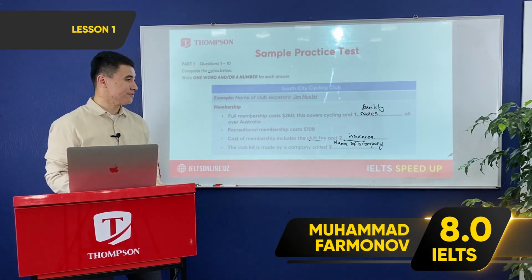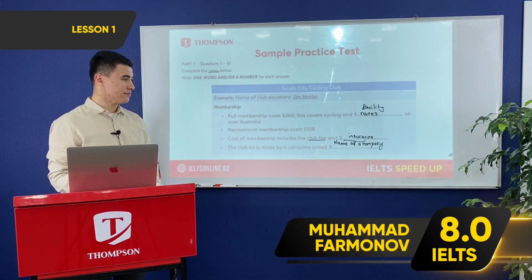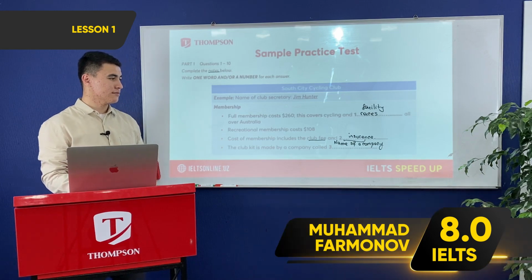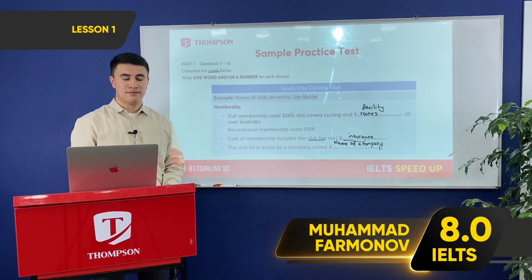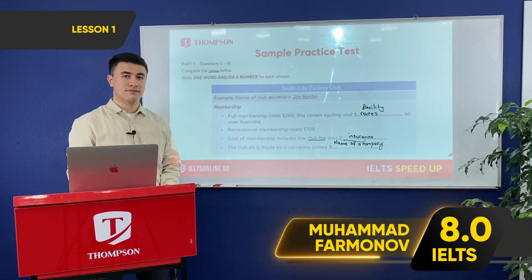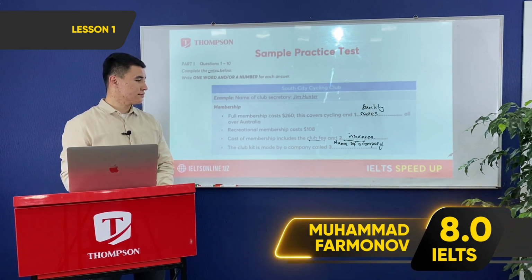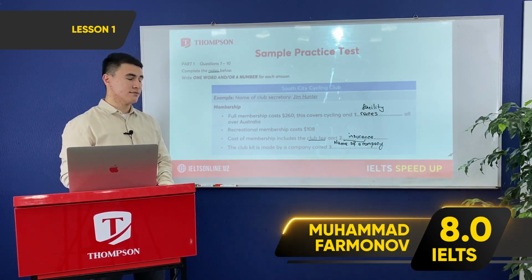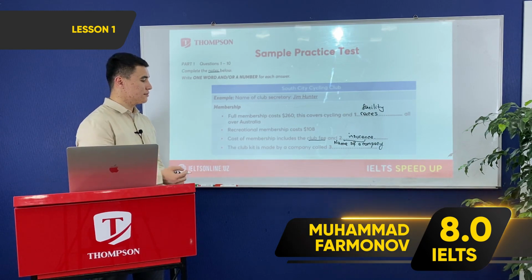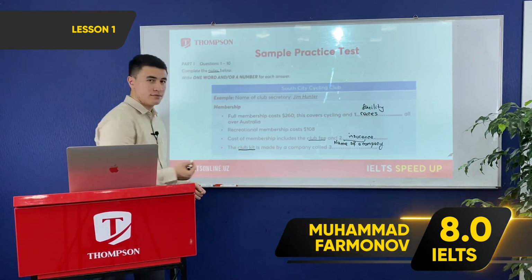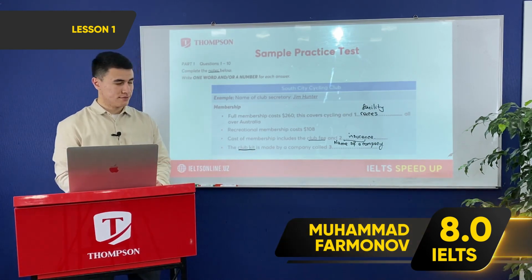Accident, though we hope you won't need that, of course. No. Okay, well, I'll go with the recreational membership, I think. And that allows me to join in the club activities and so on? That's right. And once you're a member of the club, you're also permitted to wear our kit when you're out cycling. It's green and white.